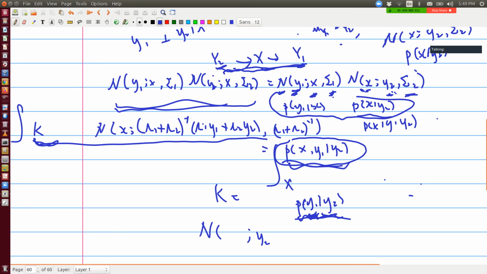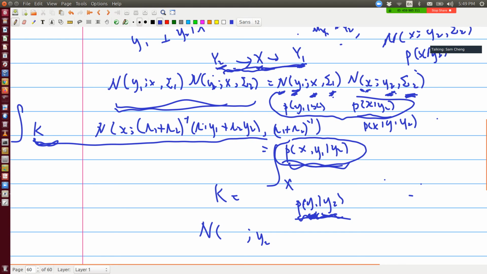This x here is like y2 added with additive Gaussian noise of sigma 2. You can think of it as having a mean y2 but with additive Gaussian noise of sigma 2.